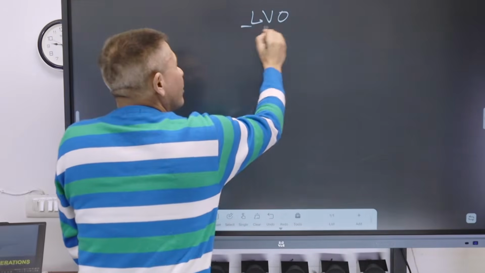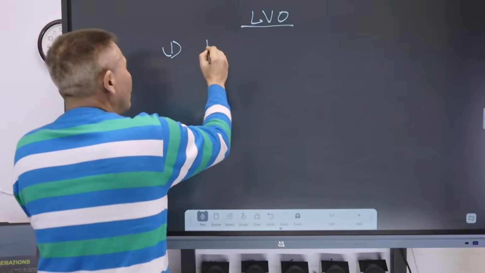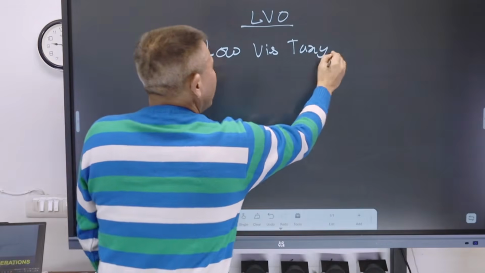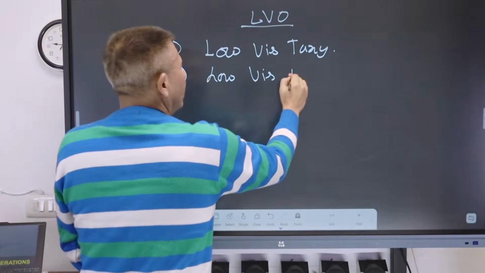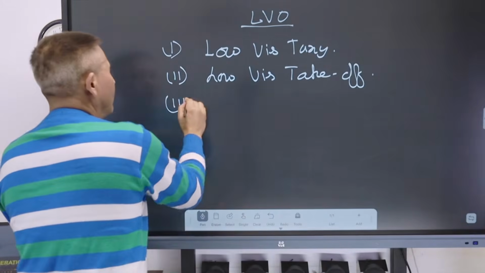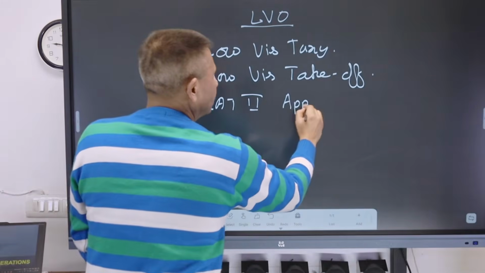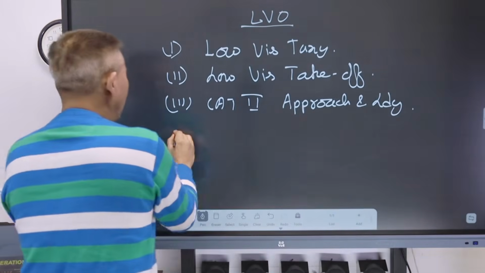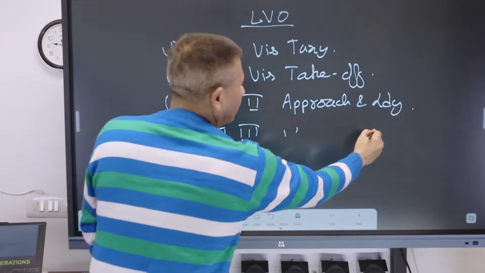Other types of operations under low visibility operations, as we have mentioned, are low visibility taxi, then low visibility takeoff, category 2 approach and landing, thereafter category 3 approach and landing.